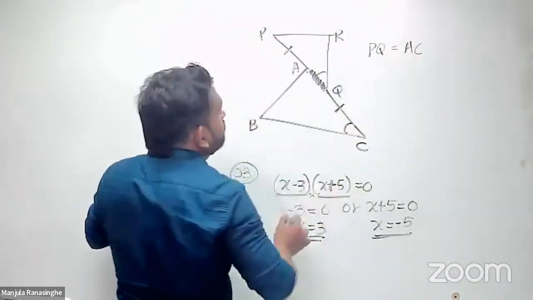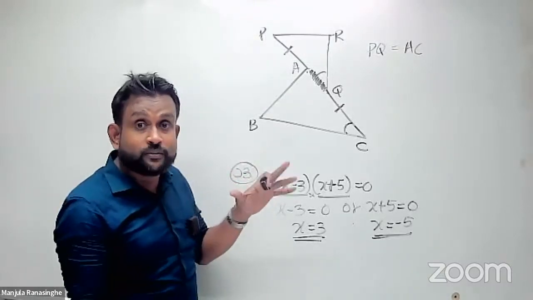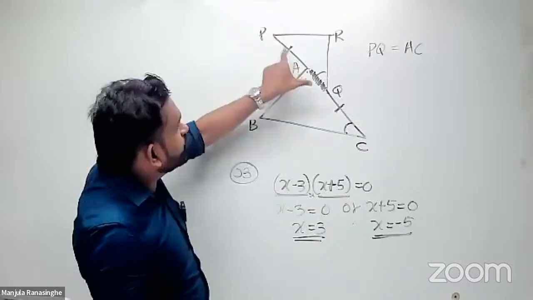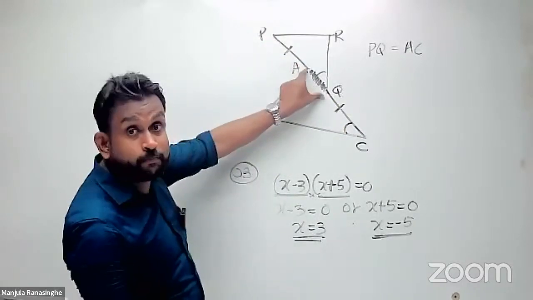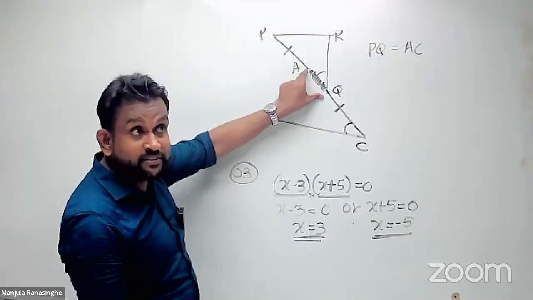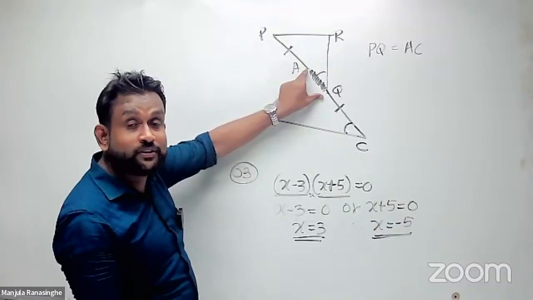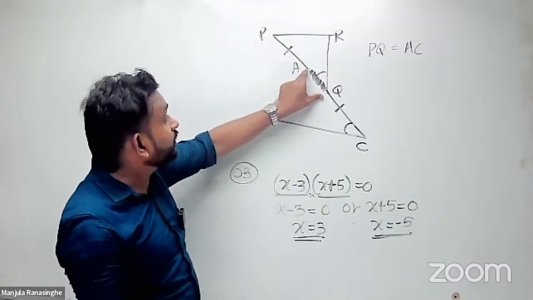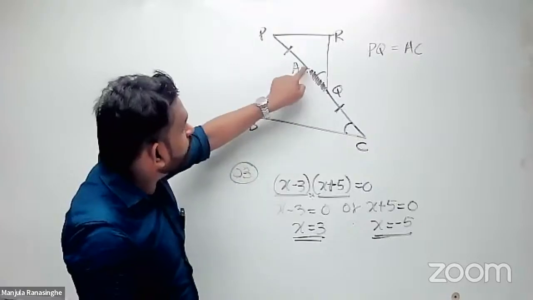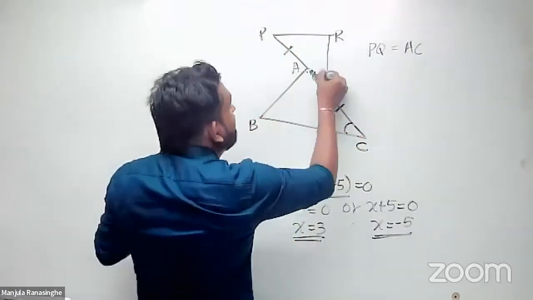The reason is under the axioms, and there is no need to prove it. This part equals this part, then you can add the same part to both sides. That means adding the same thing to equal quantities gives equal results. That deals with grade 9 axioms. Now PQ equals AC, one side equal, then another angle equal.